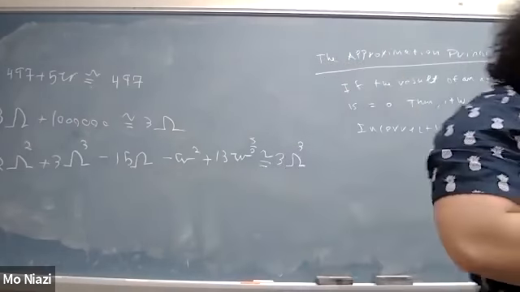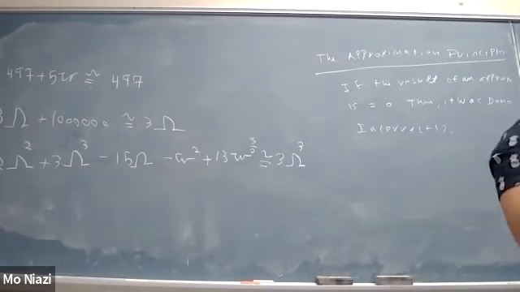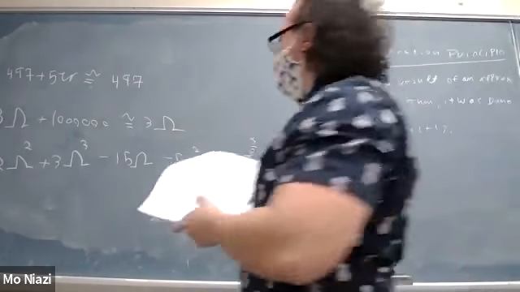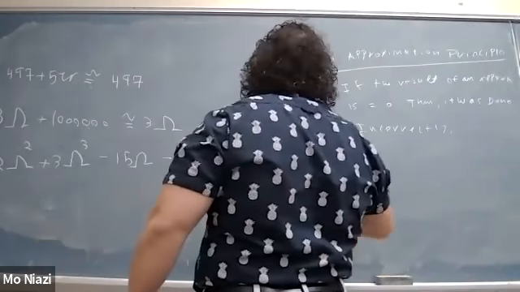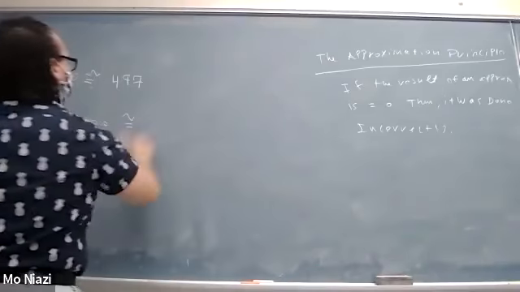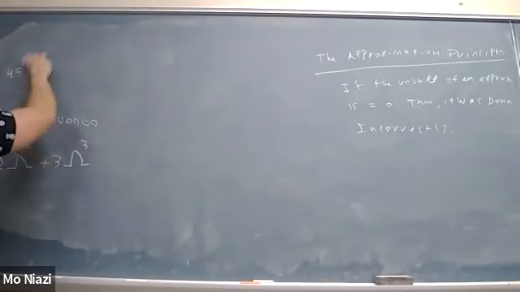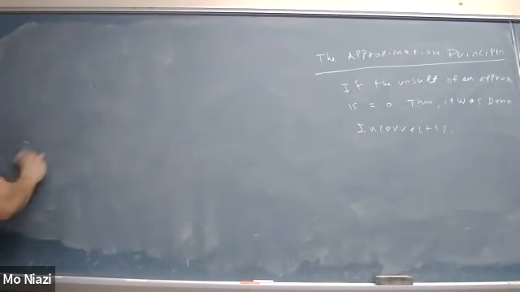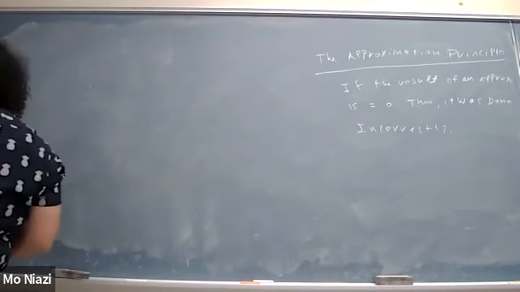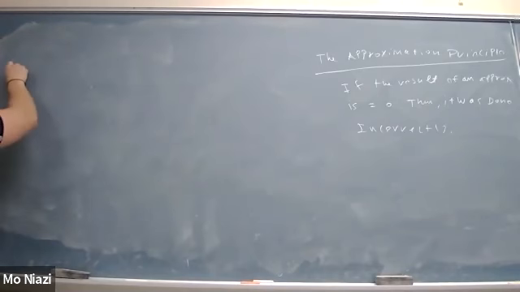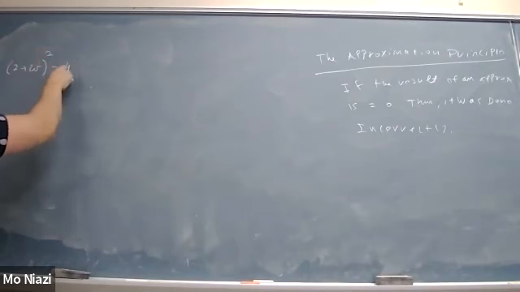More on this as we move along. So, for instance, this is what this approximation principle is talking about. Let's say we have something like (2 + omega)² − 4.